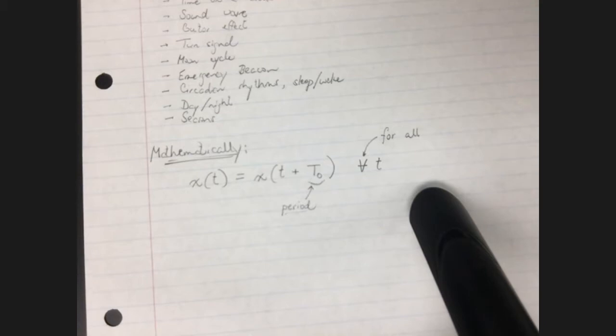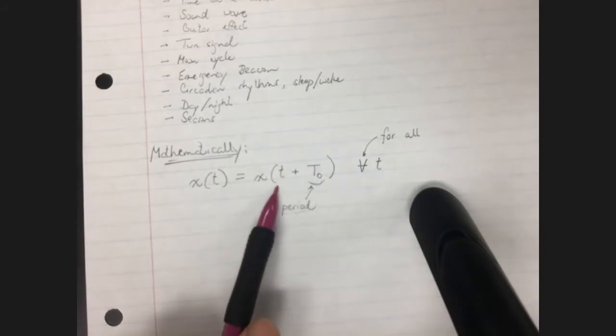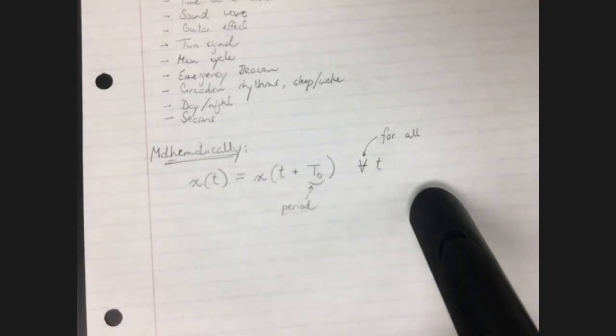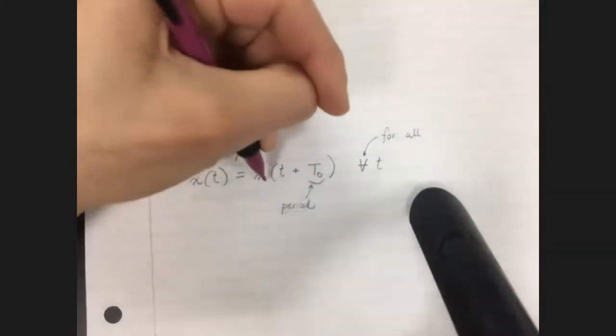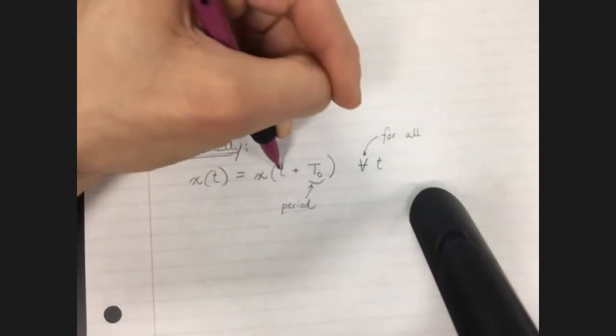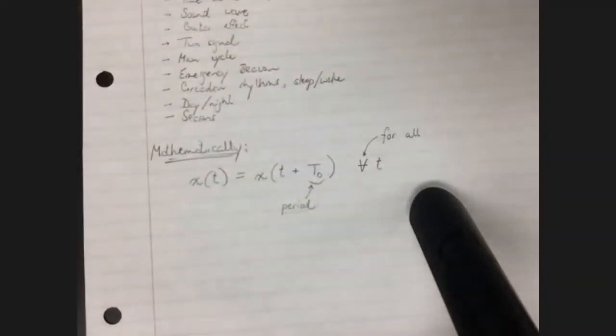Now, remember what having this t plus something meant in the parentheses. Do you guys remember from the last class? It's going to be the time shift, right? So if you've got this situation right here where you've got t plus T0 in the parentheses, it means you're taking your signal and shifting it.